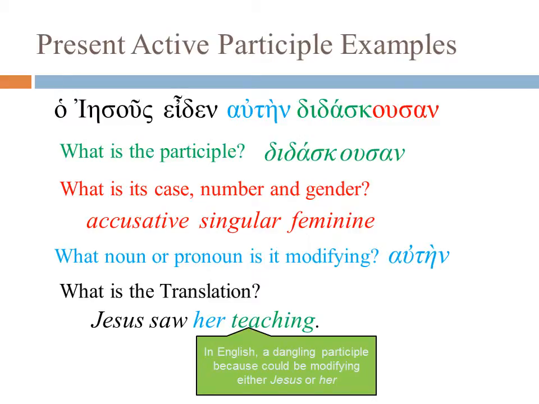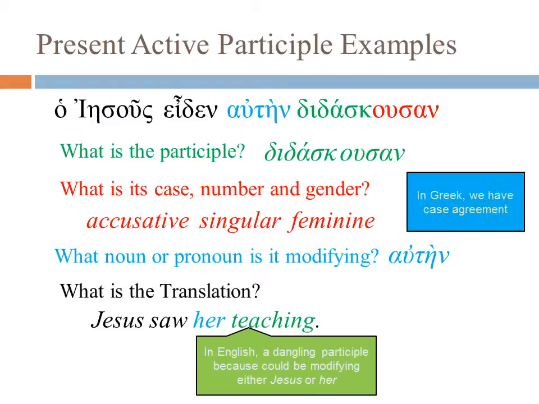Now, in English, this is a dangling participle. Because in English, Jesus saw her teaching, we don't know whether it means Jesus saw her while he was teaching or Jesus saw her teaching. So it's called a dangling participle, and it gets crossed out by your professors. Bad grammar.